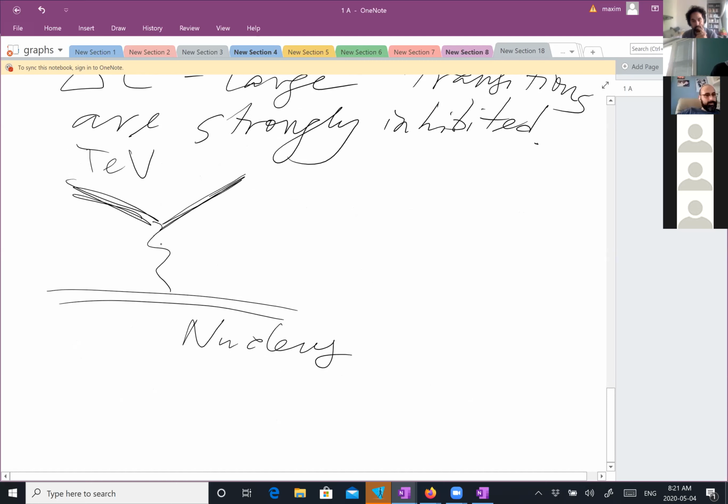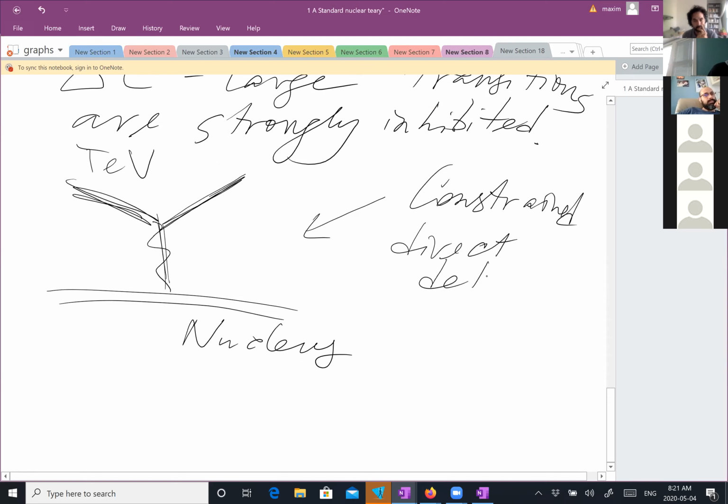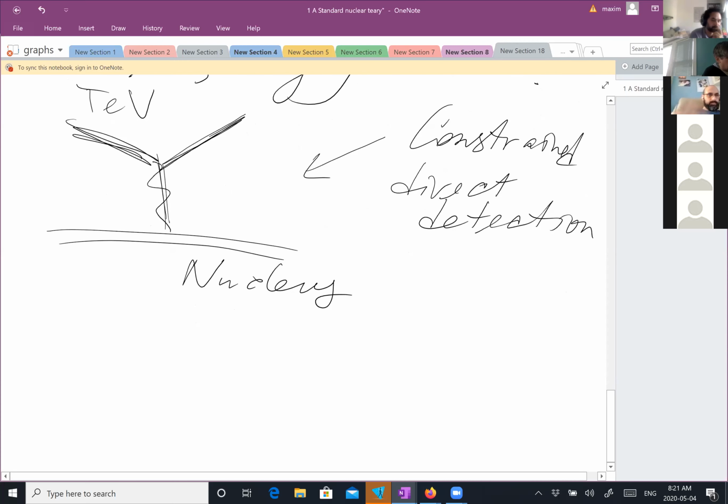Whatever it scatters with, we know that usually this is constrained by direct detection, etc. Now, consider now what a momentum transfer could be here, even if the velocity of the incoming nucleus is very small.